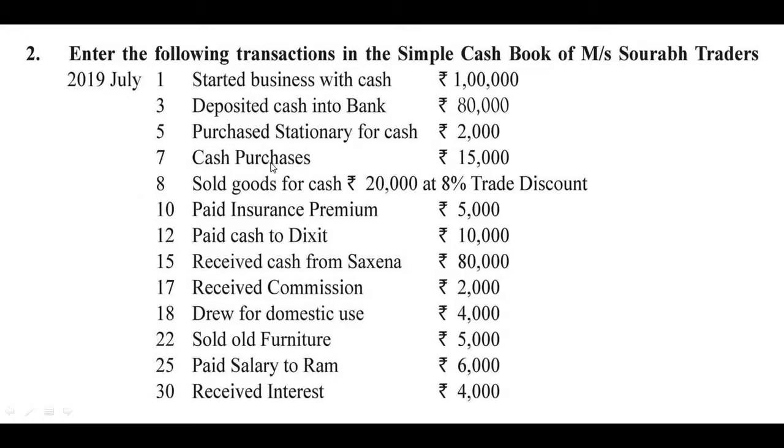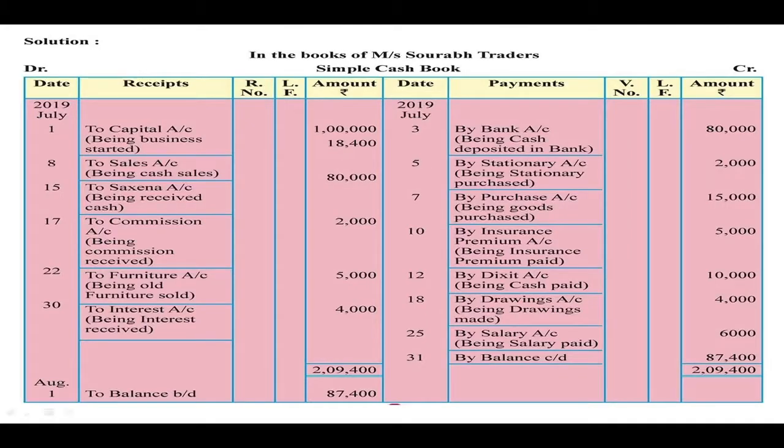It means the goods are purchased and the cash is paid immediately. So cash goes out of the business, and purchases is an expenditure, so the transaction is recorded on the payment side, that is the credit side, 7th July by purchases account being goods purchased.